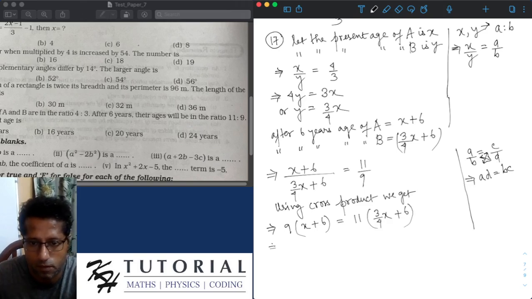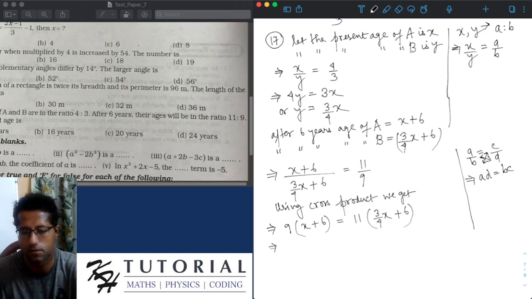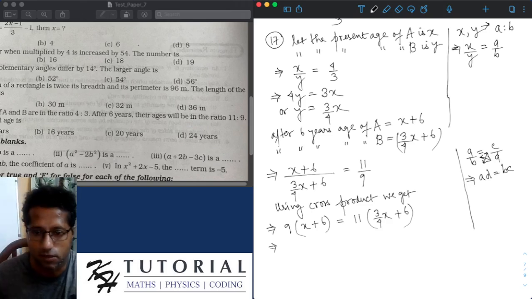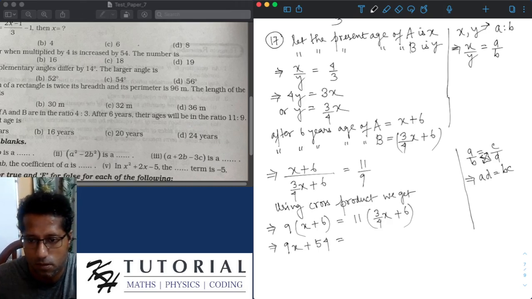Now if we open the brackets using the distributive law of multiplication over addition, we get 9x plus 54 equals 33 by 4 x plus 66.